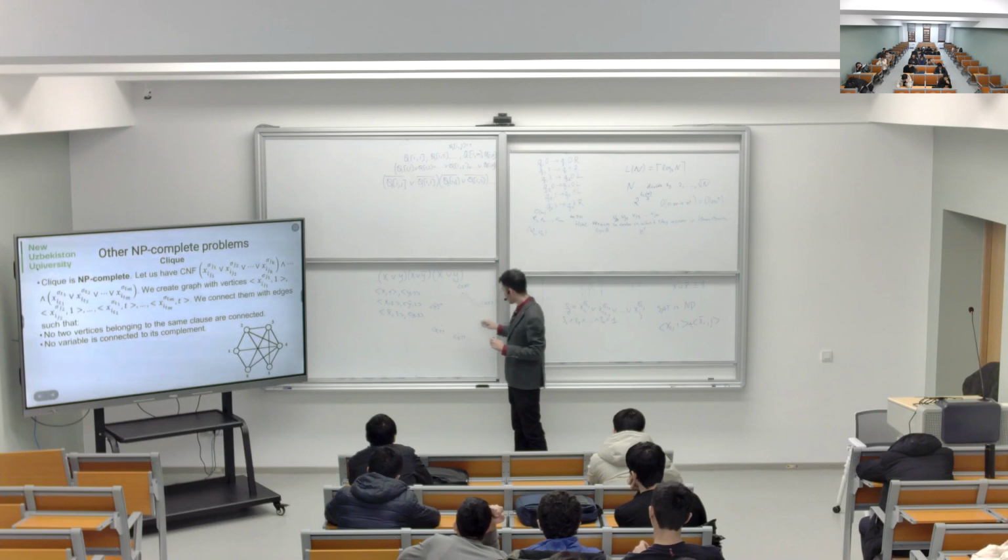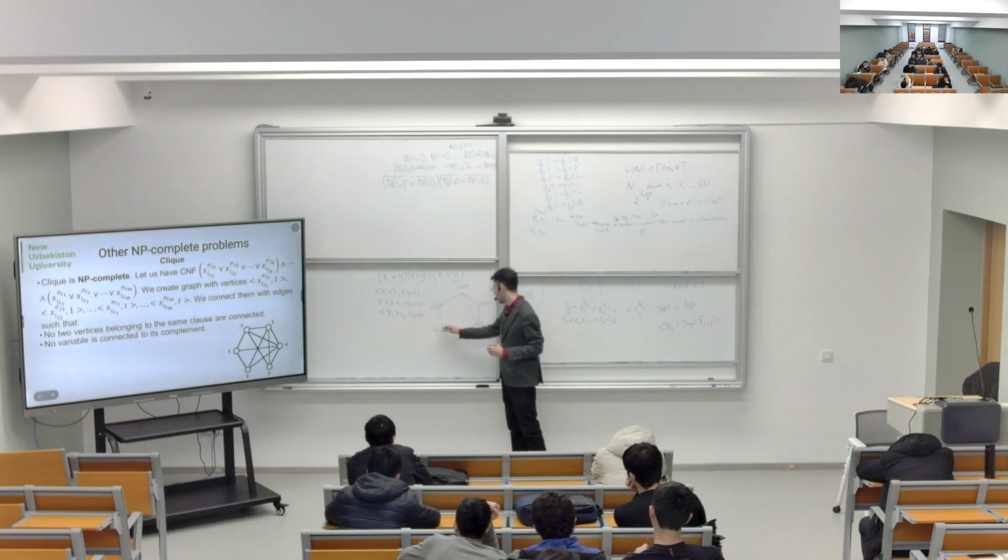Now I can connect x1 to y3, no problem. I can also connect x2 to y3, no problem. Then I can connect y1 to y3, no problem. I cannot connect not y2 to this, but I can connect this one to here, and I can connect them, and I can connect them.